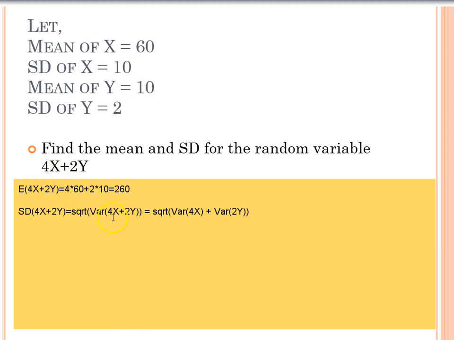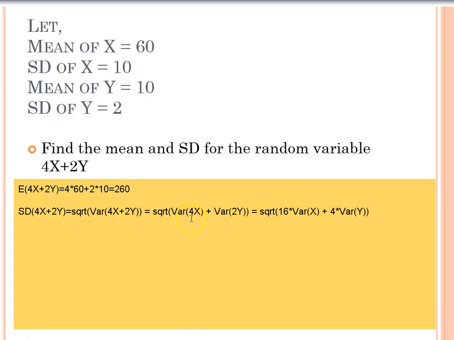And so we want to separate those out, dealing with those variances individually, and we said that we can do that if we assume independence. So again, we can separate out x and y by assuming independence. The next step would then be to remove these constants of the 4 and the 2, and when we remove those constants, they get squared.